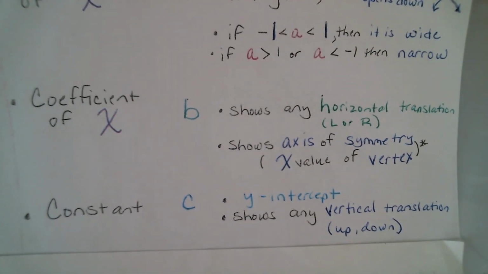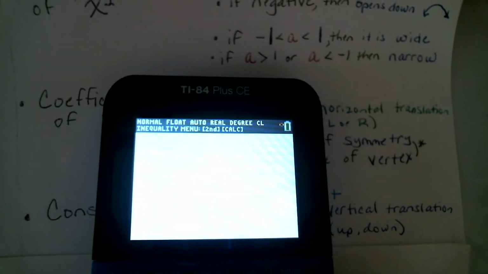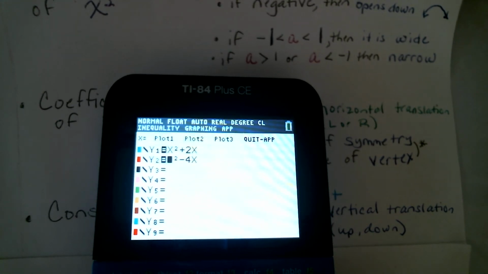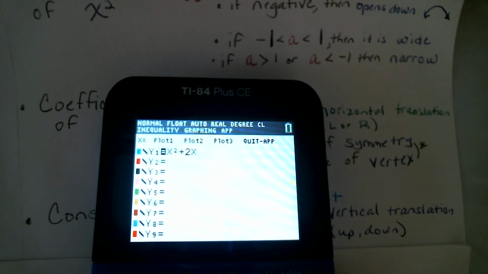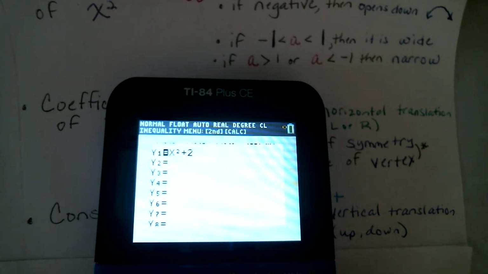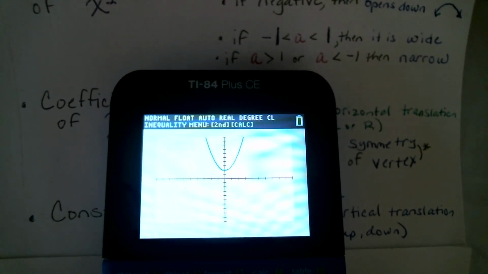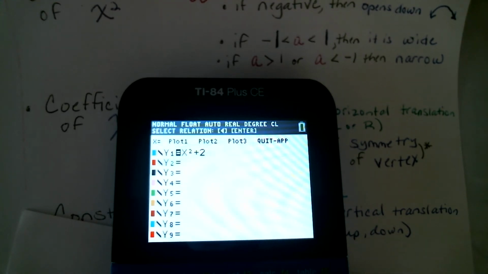Okay, so let's give it a try in here. How about we take this one out and let's just come up here and just add 2. Okay. So we know what it should look like if it was a parent graph. So see how it just slid the y-intercept up? If we had a different one, how about we do a bunch of 2's?